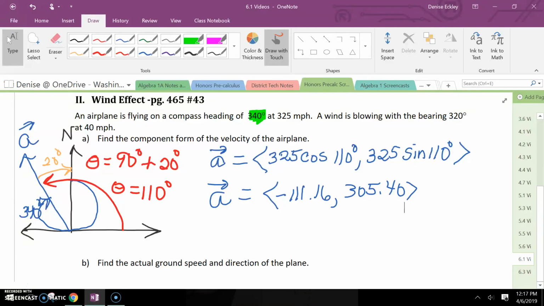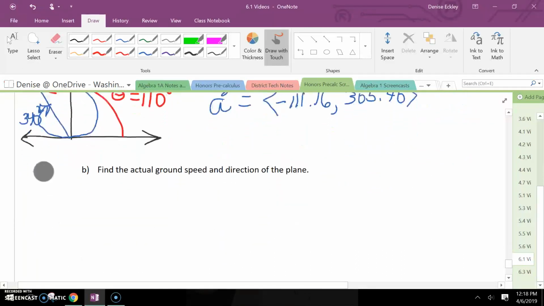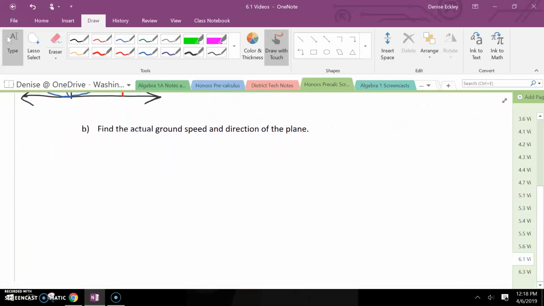So now in part B, we're going to use that, plus doing the same thing to find the component form of our wind, to find the speed and direction of the airplane. So drawing a similar picture for the wind over here.